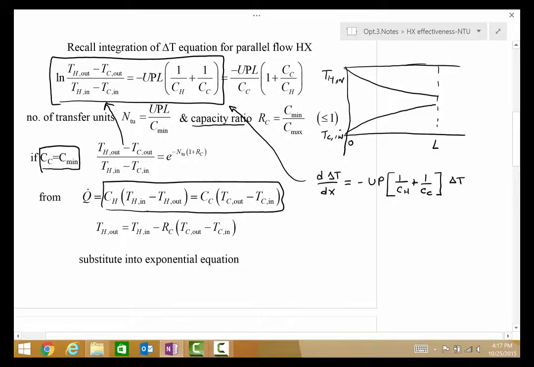Now, just using the overall global heat transfer rate model, so this is the global balance, we can easily solve for TH out in terms of TH in and the capacity ratio. So what you see here is we divide through by CH, define RC to be CC over CH, and then solve for TH out.